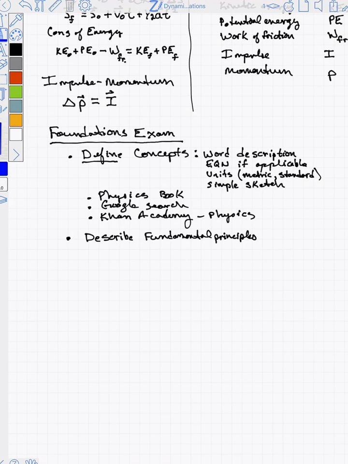Well, describe is the same as define, which is this set of things. Plus, we want you to be able to look and see what might an engineering application of this principle be. Where might we see it in the world of engineering? And where do we see it in the real world around us?